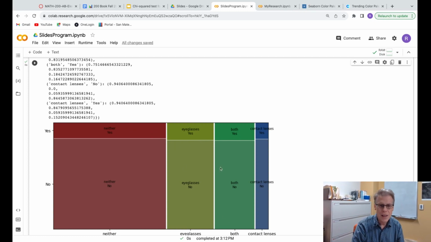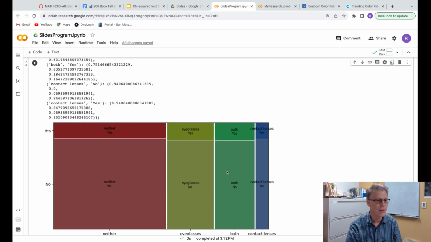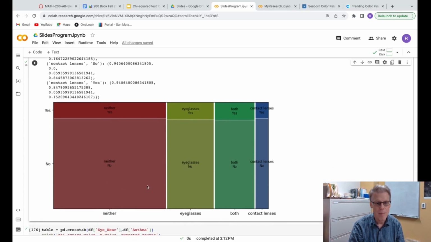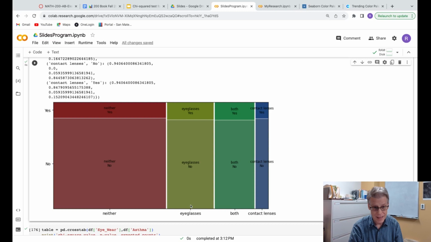But not just the heights of these bars are giving us information, the width of these bars is also giving us some information. These are based on how many people in the data set are in this neither category, how many people in the data set are in the eyeglass category.